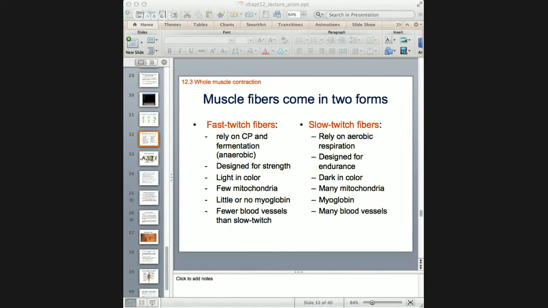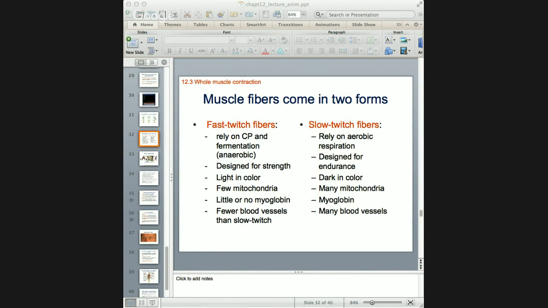So muscle fibers come in two forms. You have what are known as fast twitch fibers and slow twitch fibers. So fast twitch fibers rely on the creatine phosphate pathway and fermentation. These are the ones that rely on quick supply of ATP, and they use an anaerobic method.